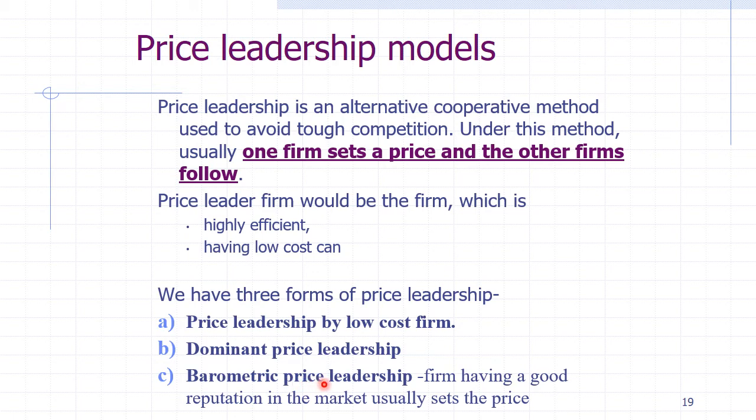Barometric price leadership is when a firm having a good reputation in the market usually sets the price. Actually, not because of the logo, not because of the dominance they have. It's like that firm stands as an index or barometer among the other firms. That's why we call it barometric price leadership.